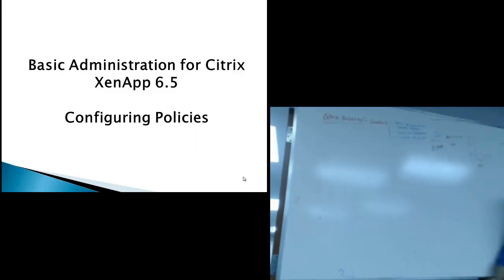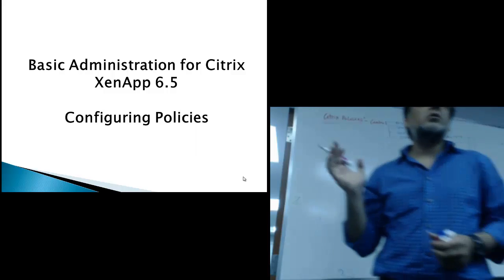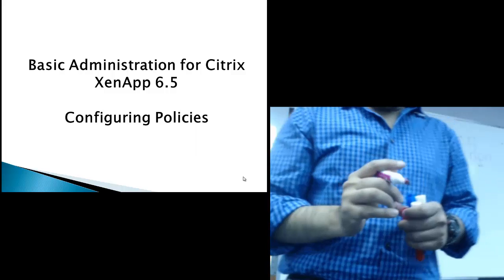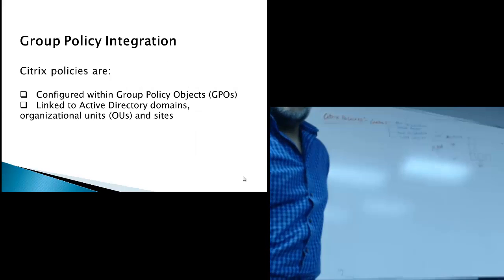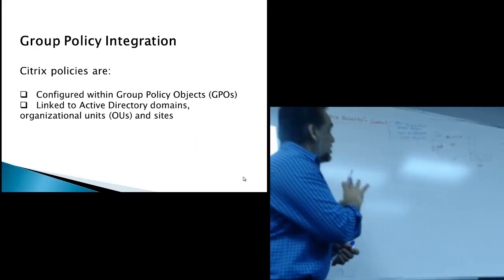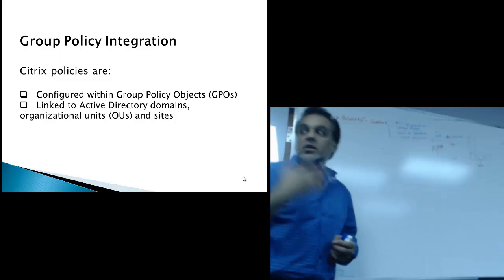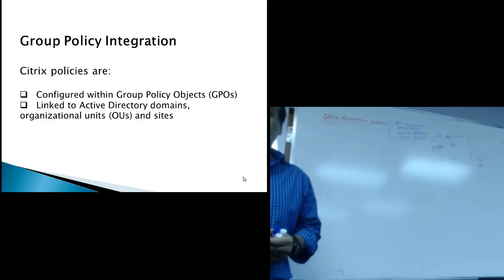Or you want this application to always open on this server. So you can use a policy so that whenever the user opens this, through the ICA protocol, it is connected to a certain server. Since we understand what policies are, the first level of understanding is what policies can do. Policies can do all this.